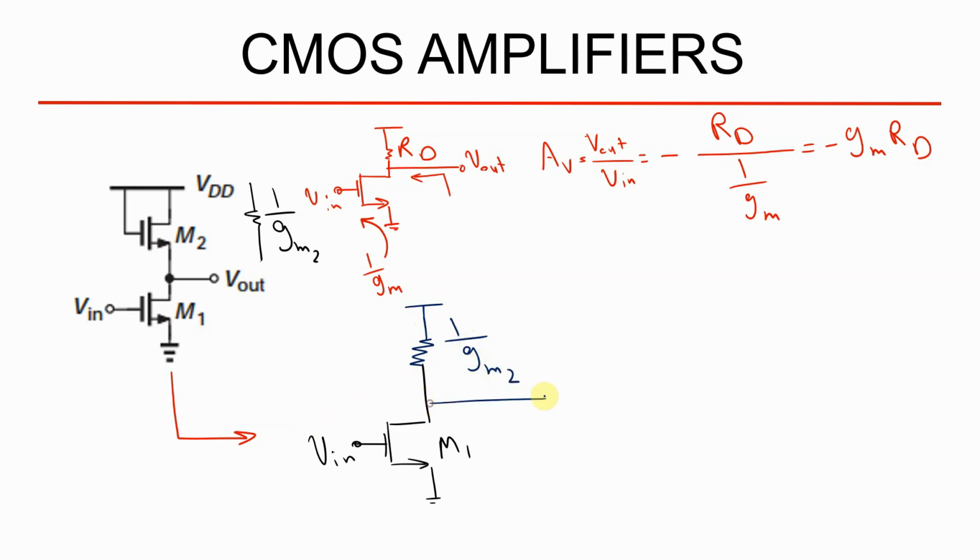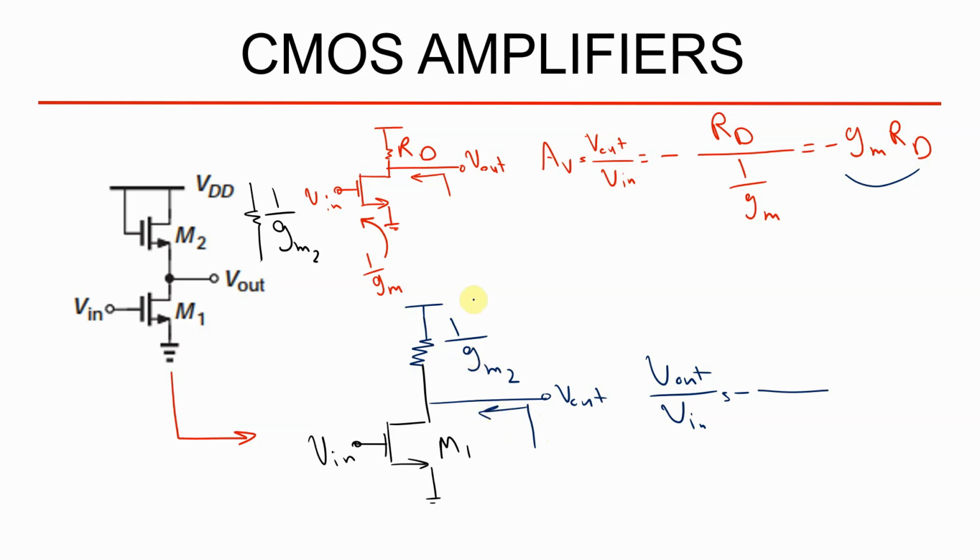Now what is the gain for this amplifier? V out divided by V in. Again, the negative sign is still there, and I can use this formula in the end, negative sign for GM, or I can use it from the beginning. This is the fraction. What is the resistance from the output?